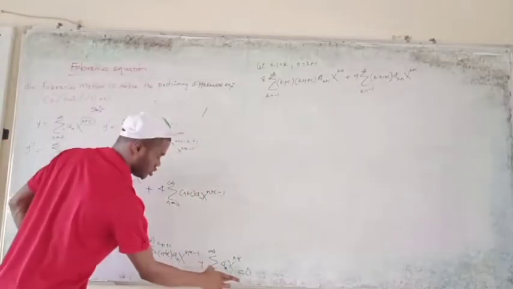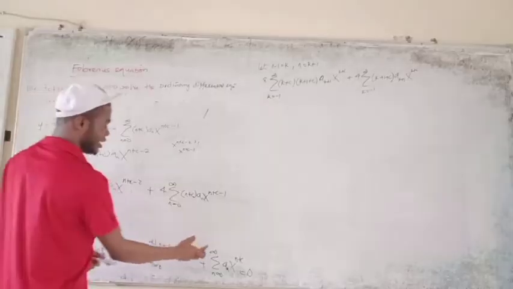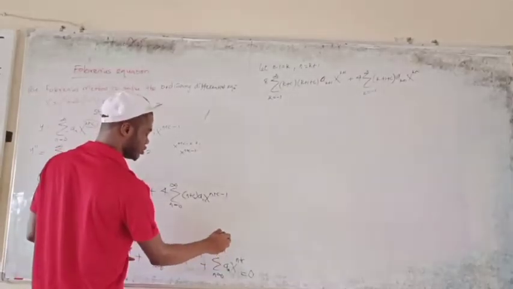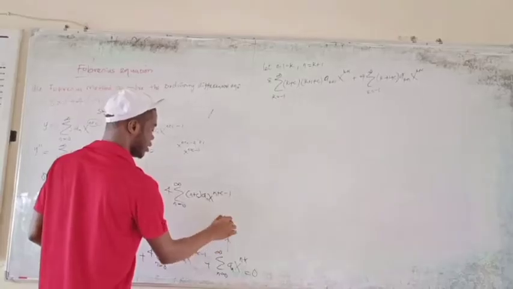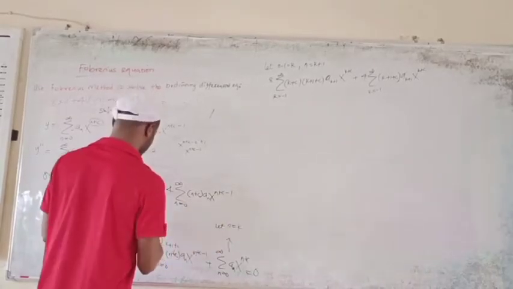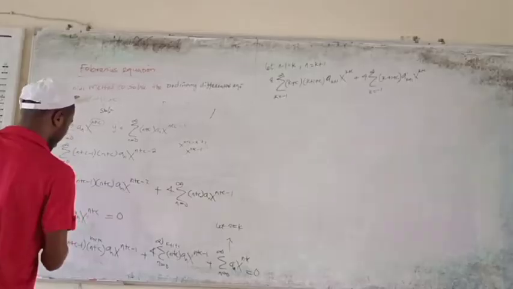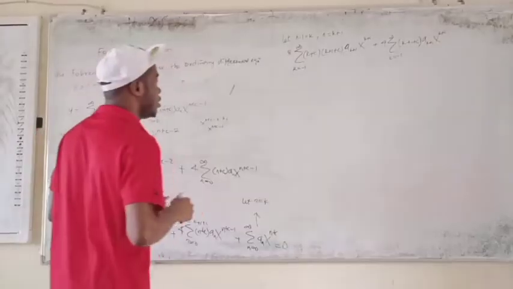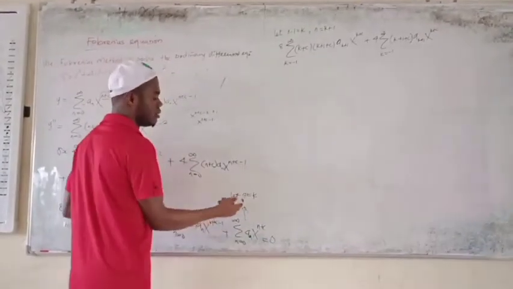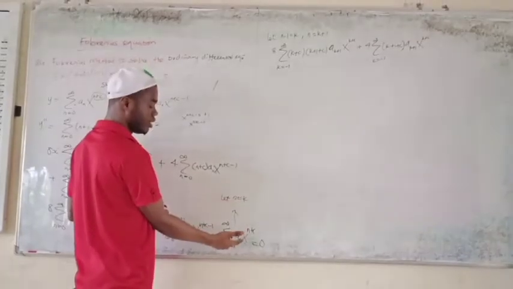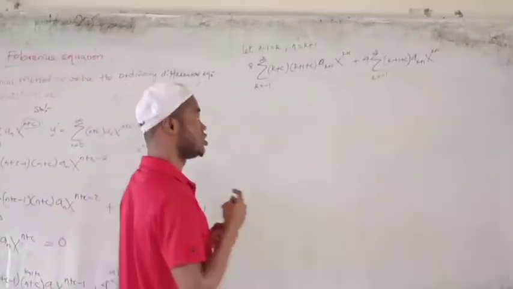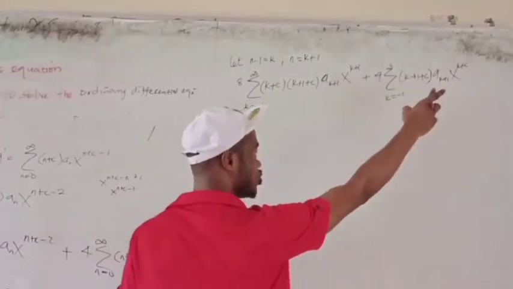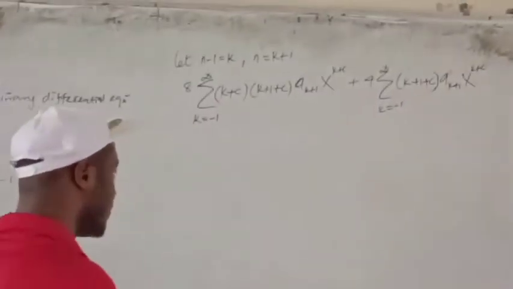Now on the third summation, I will just let n equal k, since I've succeeded in translating all my n to k. The reason for letting n equal k in this one is that my aim, as I said, is to make all the powers of x the same.